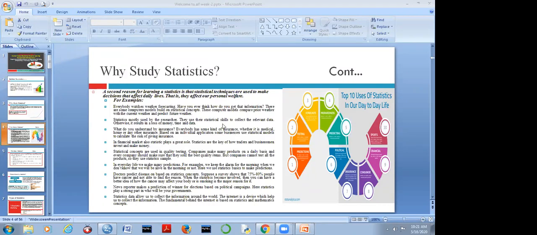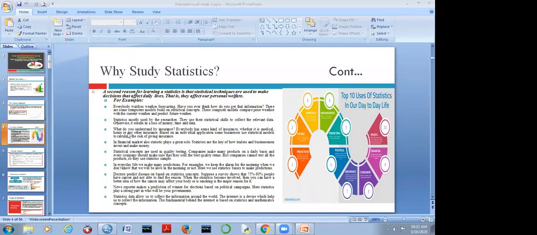If they don't have statistical skills, they collect the wrong data. If you collect the wrong data, you get the wrong results. What happens then? It is a loss of money, time, and data also. So as a researcher, you should be good in statistics.